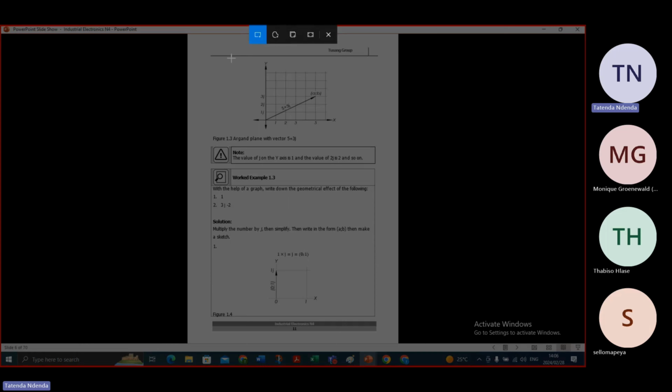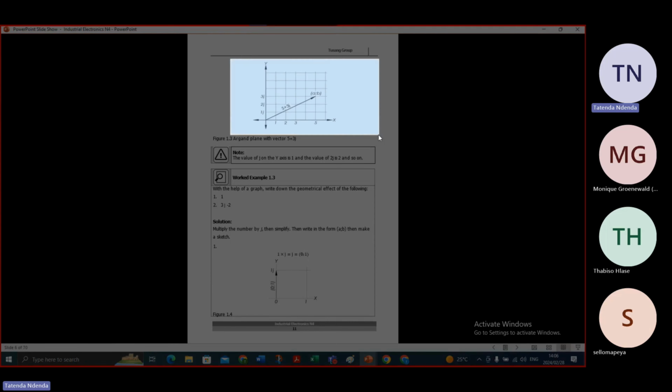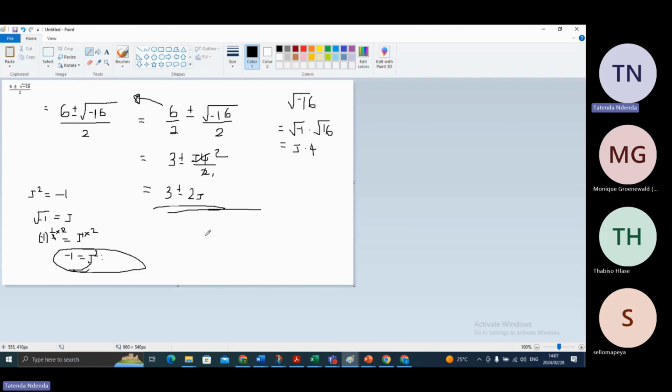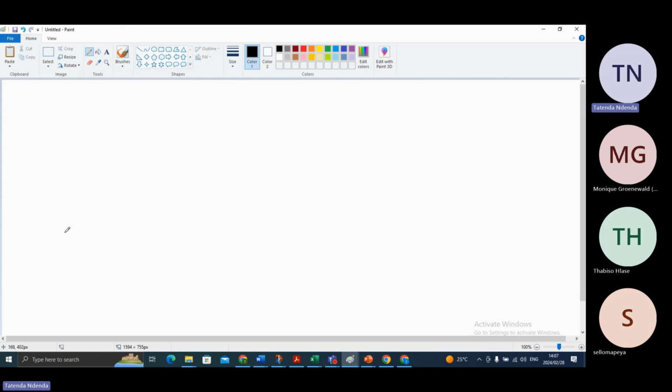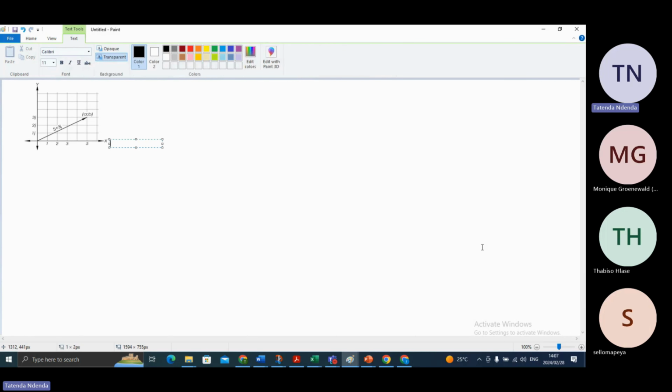Okay, so let me take this out and post it here. So I'm having a plane here, guys, with a y-axis and an x-axis, right? Within this plane, we call the x-axis the real axis.